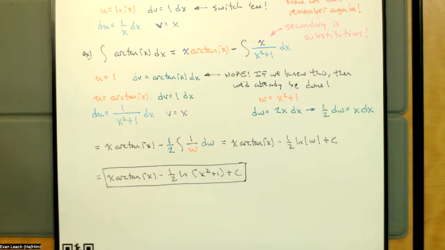That's to make sure our domains match up. But when I replace w with x squared plus 1, we can note that x squared plus 1 is always positive. And so I don't have to worry about the absolute value symbol. The absolute value of x squared plus 1 is just x squared plus 1. X squared plus 1 is always positive. Unless x is complex, which it is totally not, because this is real analysis. Oh, sorry. This is elementary real analysis, so it's calculus.